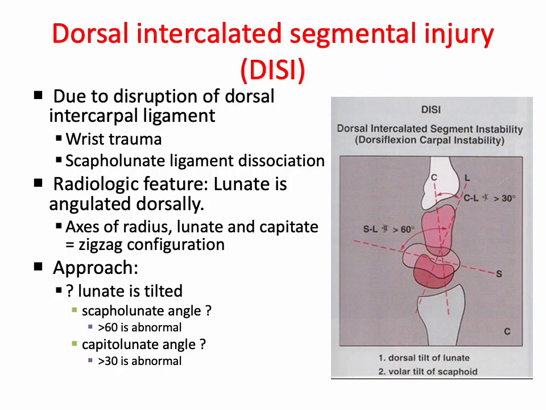Dorsal intercalated segment instability is due to a disruption of the scapholunate ligament, which we talked about, and radiographically on lateral radiographs of the hand, the lunate is angled dorsally.